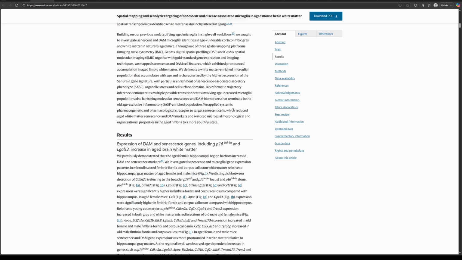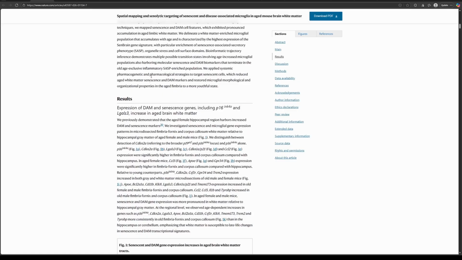We applied systematic pharmacogenetic and pharmacological strategies to target senescent cells, which reduced aged white matter senescence and DAM biomarkers and restored microglial morphological and organizational properties in the aged fimbria to a more youthful state.